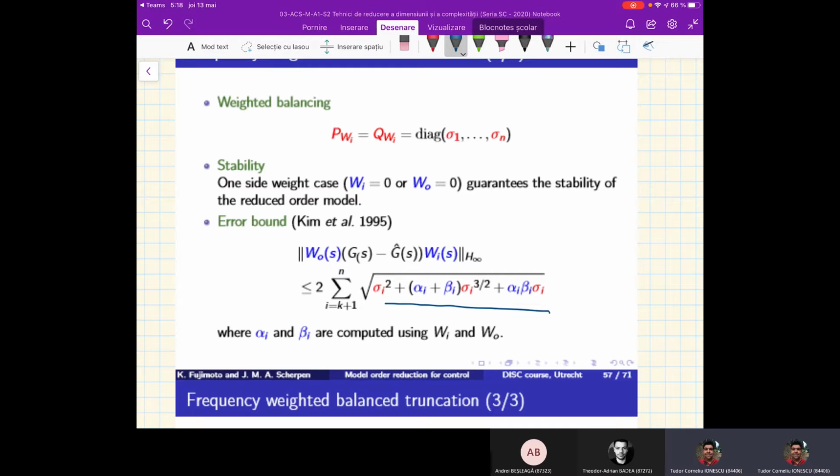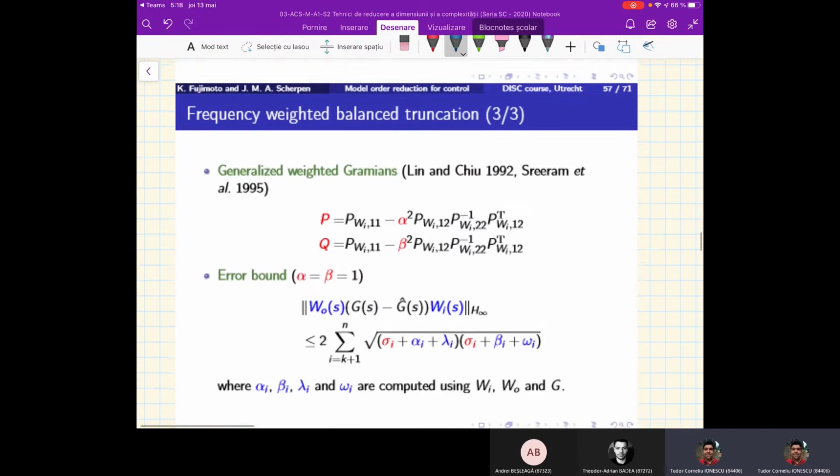So for one case it's good, but this is not 0. I think he wanted to say 1. You cannot take it 0. Stability is guaranteed if you have either only input or only output weighting. If you take both simultaneously, there is no stability guarantee whatsoever.